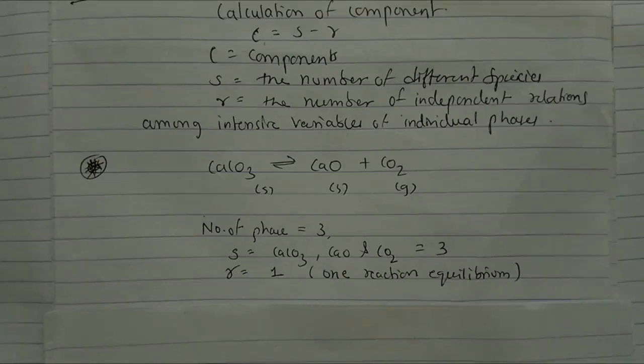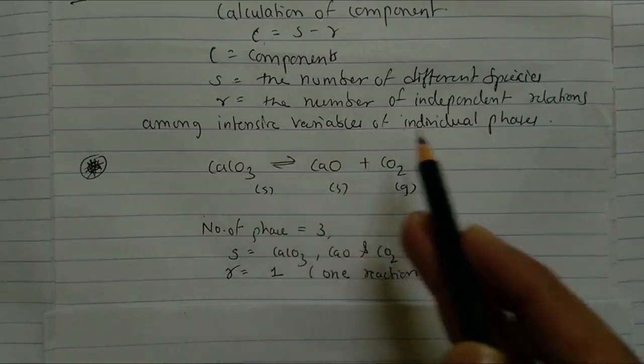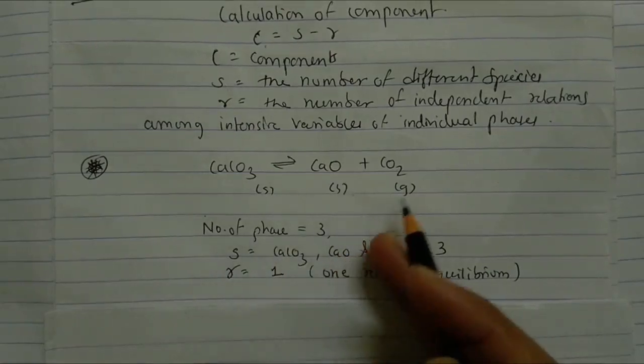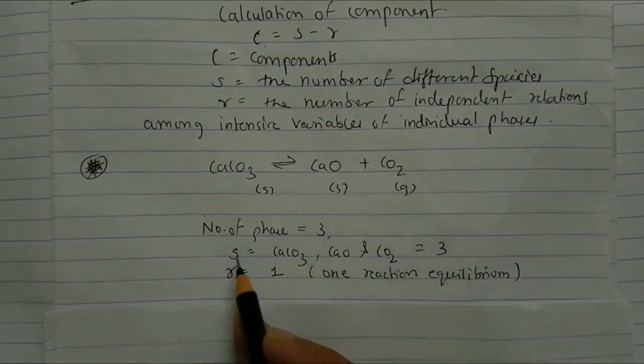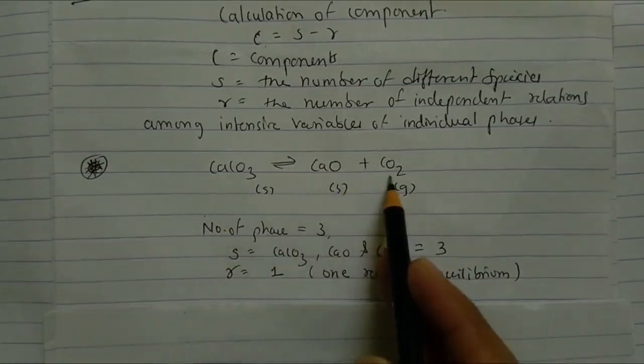C is equal to S minus R. Now what is C? C is the number of components, S is the number of different species, and R is the number of independent relations among intensive variables of individual phases. Now take the example of the calcination reaction, that is calcium carbonate decomposing to calcium oxide and carbon dioxide, and we know that the number of phases here is three, two solid phases and one gas. So here the number of species is three: 1, 2 and 3.